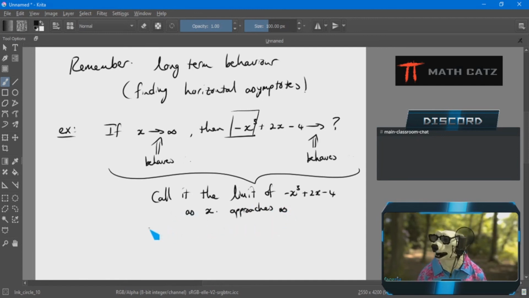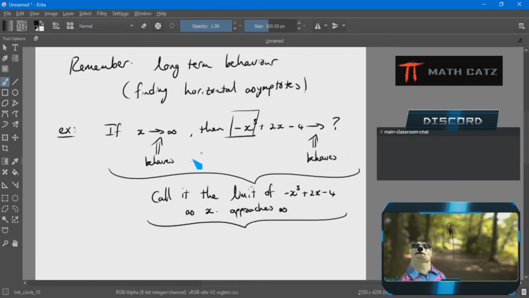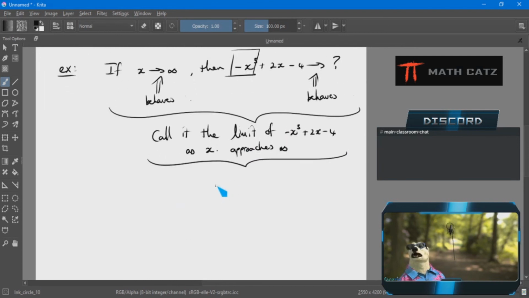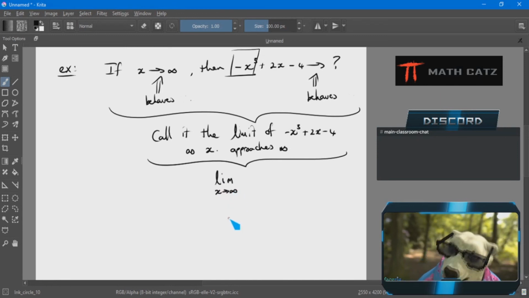And we're going to slowly look at variations. Now I'm just going to make this a little bit more compact. We're going to write L, I, M for limit. I'm going to say underneath that the behavior of x. And then I'm going to have my function, maybe in brackets, maybe just a function name, whatever the function is.